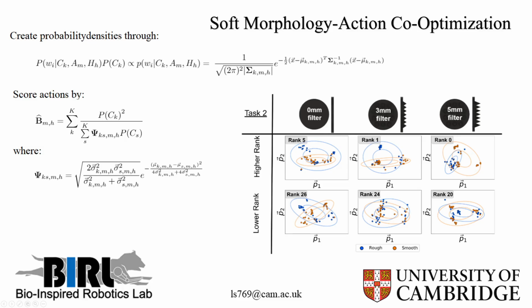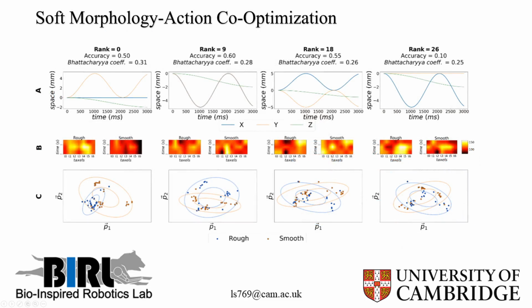You can also rank the motions based on the distributional overlap. The more overlapping motions rank lower in general than they would if they were less overlapping. You can see the distributions changing over rank, from rank 0 through rank 26.